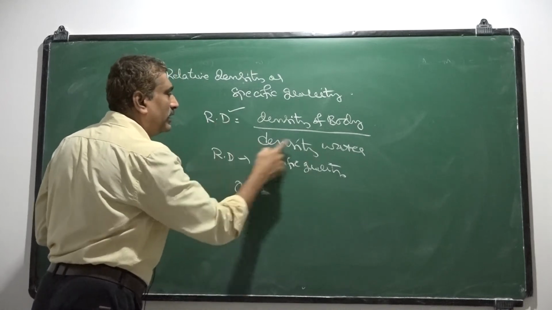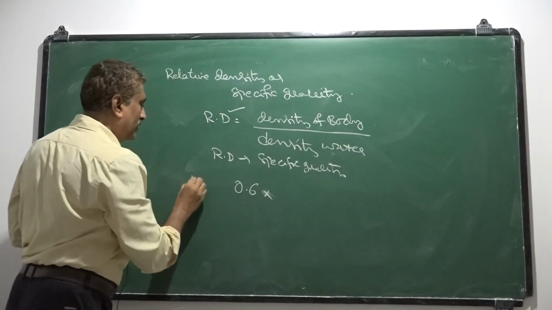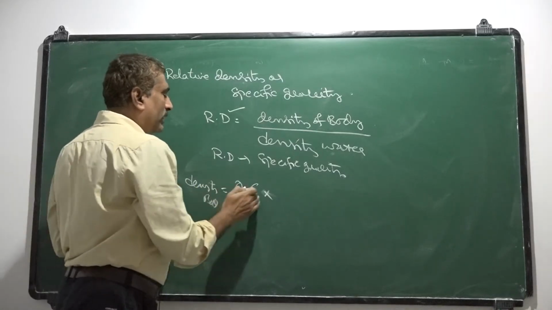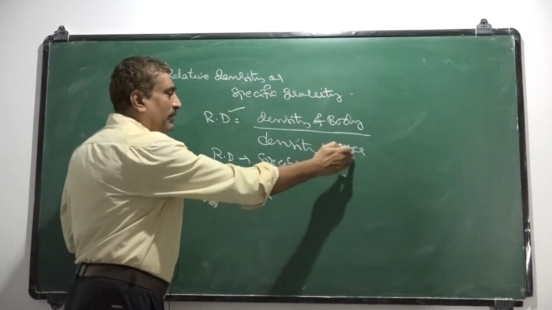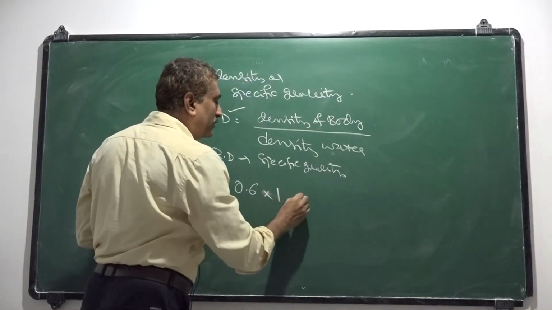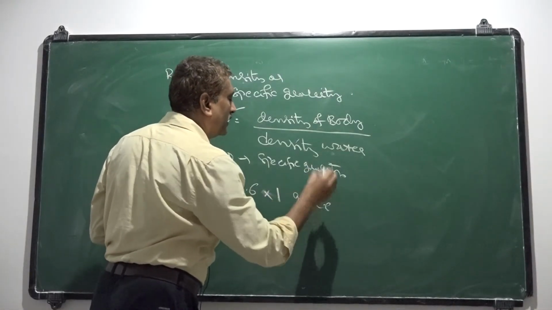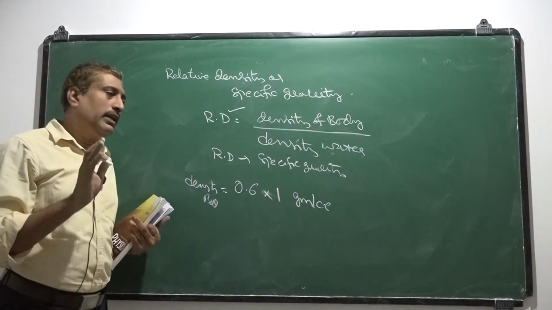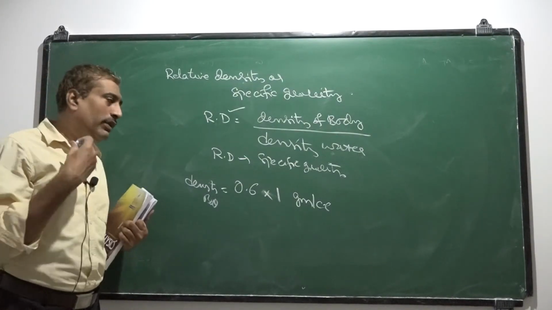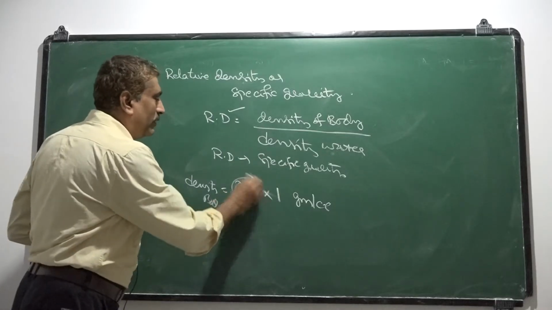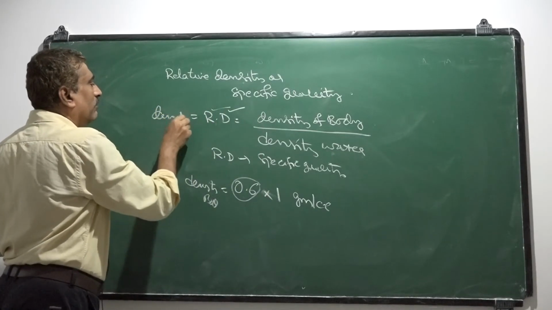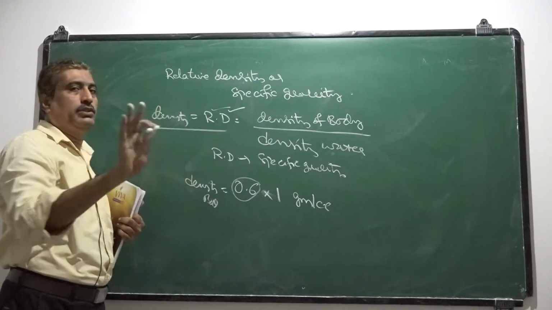Density of water in CGS units is 1 gram per cc. So if specific gravity or relative density is given, in CGS units we can take it directly as the numerical value. That means relative density and density of the body are numerically equal in CGS units.